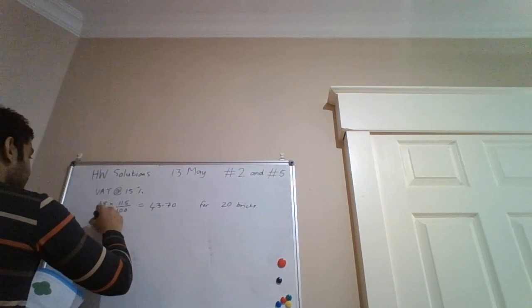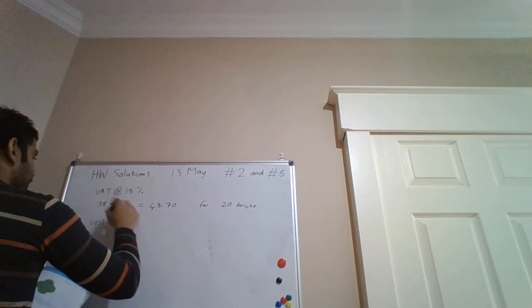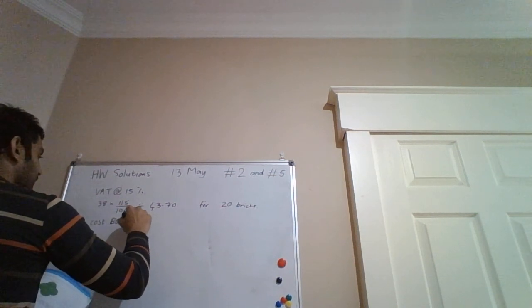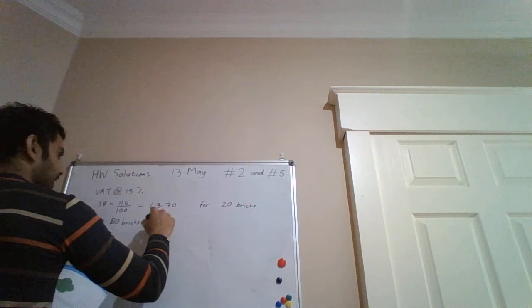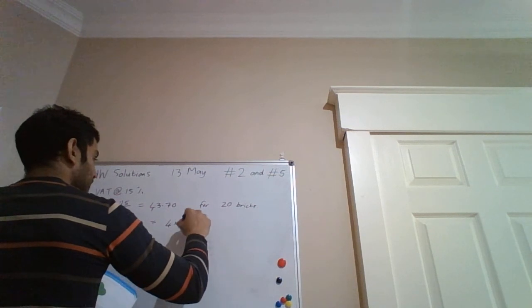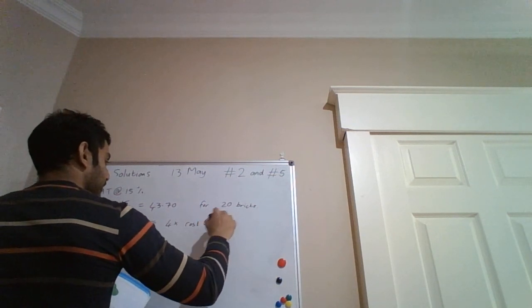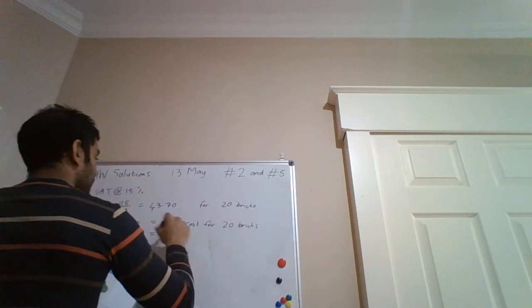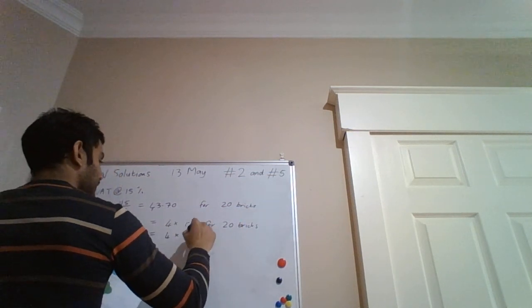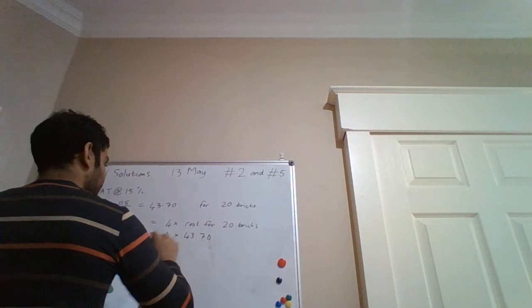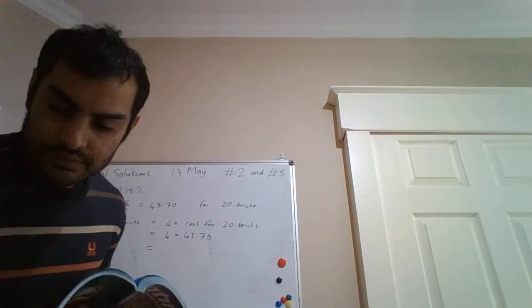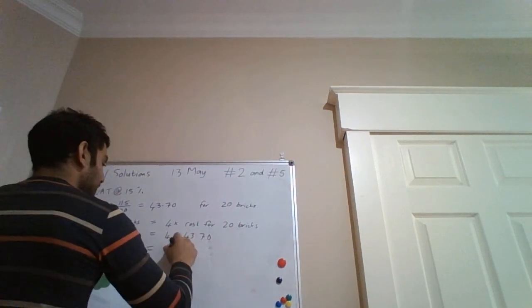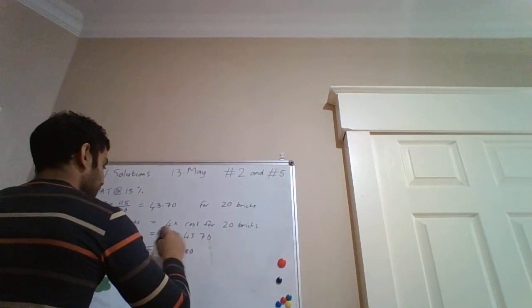So the cost for 80 bricks is equal to 4 times the cost for 20 bricks, which equals 4 times 43.7. I get 174.8.